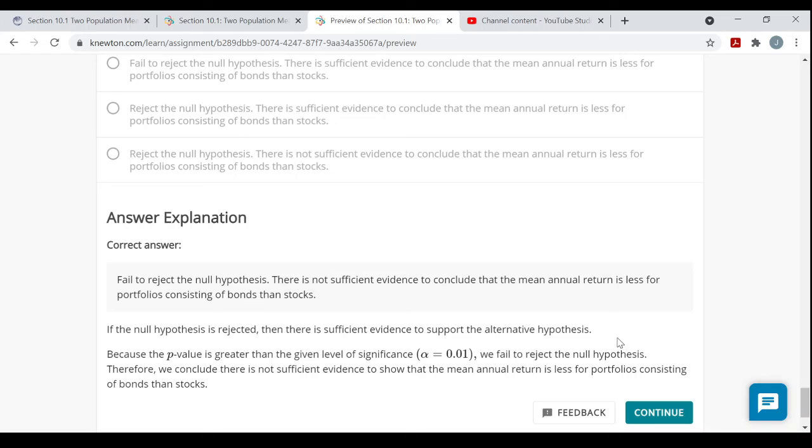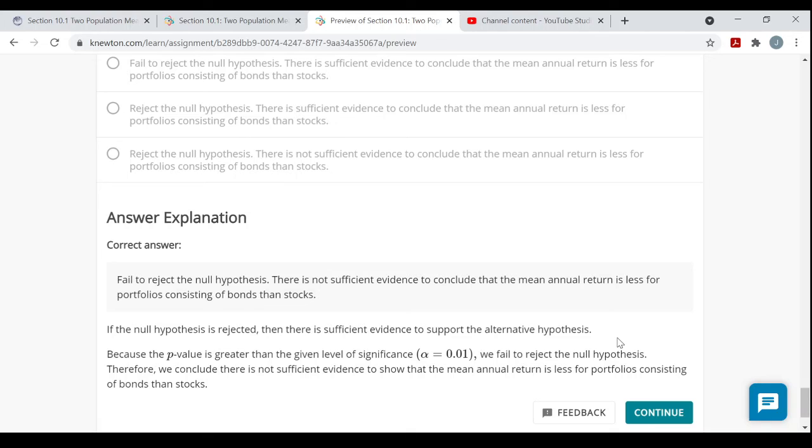Make sure you know, what are my hypotheses? What's the alpha? Is it a right-tailed, left-tailed, or two-tailed test? What are my sample statistics? Is it a pooled or non-pooled scenario? Am I assuming the population standard deviations are equal, or am I not assuming they're equal? Pooled versus non-pooled, and that'll determine how you calculate the test statistic, and also how you determine the degrees of freedom for the t-distribution.